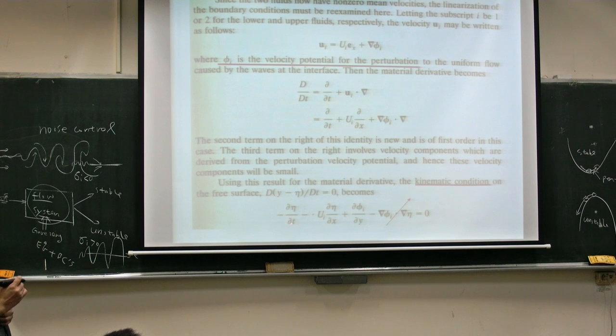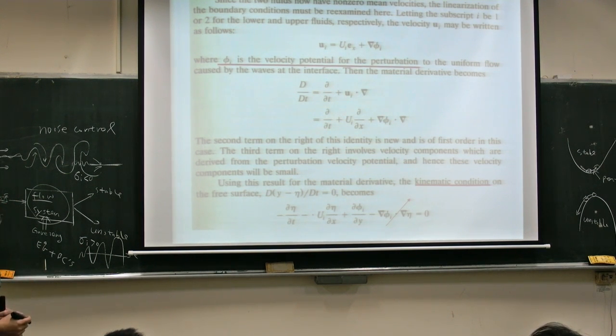As you can see here, phi i is a small perturbation, a small velocity potential due to the perturbation. So this gradient phi is a very small number, and the gradient eta, our perturbation, is also of very small amplitude.